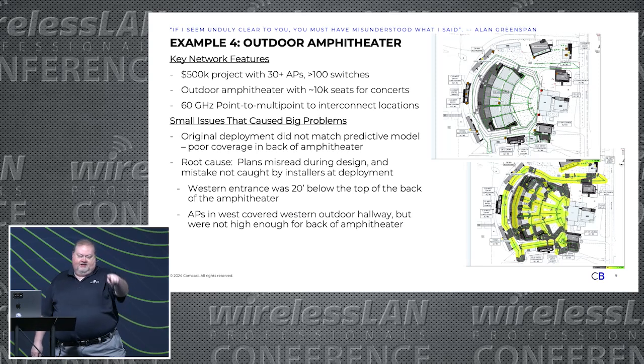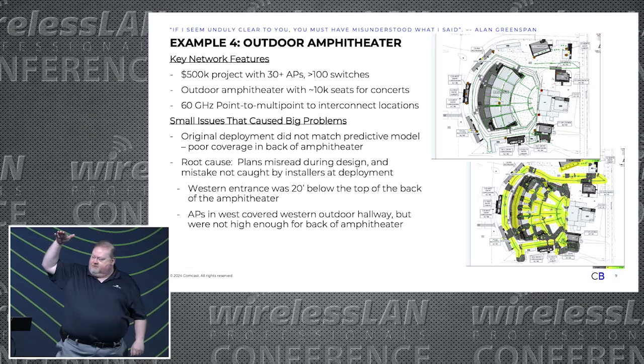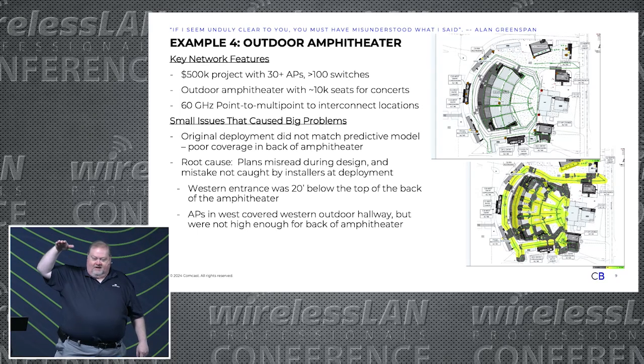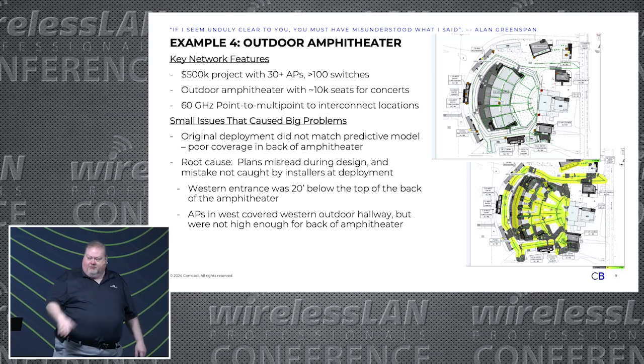What you can't see is that the little aisle in the back is about 20 feet below the top seats of the amphitheater. The support buildings back there for check-in and restrooms had APs on top, but those APs were actually lower than the top riser for the seats, which meant I was covering the little alleyway where people were walking, which I needed to cover, but I had nothing covering the back of the amphitheater.